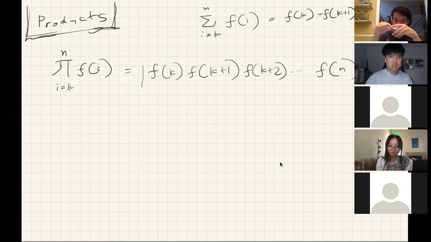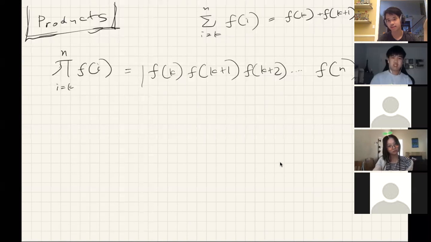And they also come up a lot at higher level competitions as well. Products are essentially the same idea as summations, but instead of summing things together, you're just multiplying things together instead.